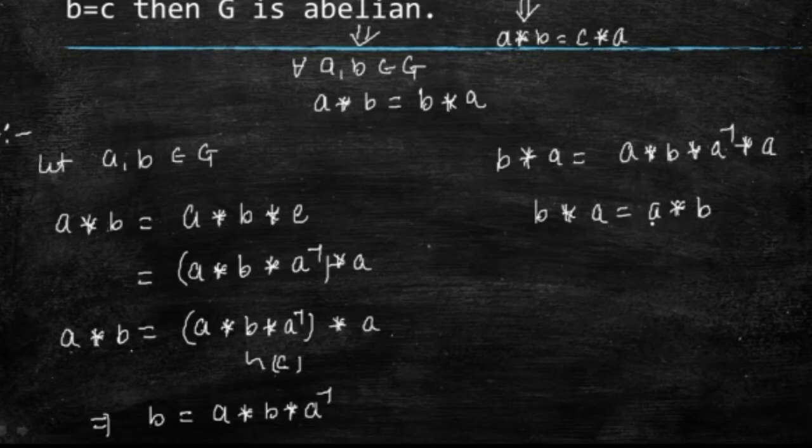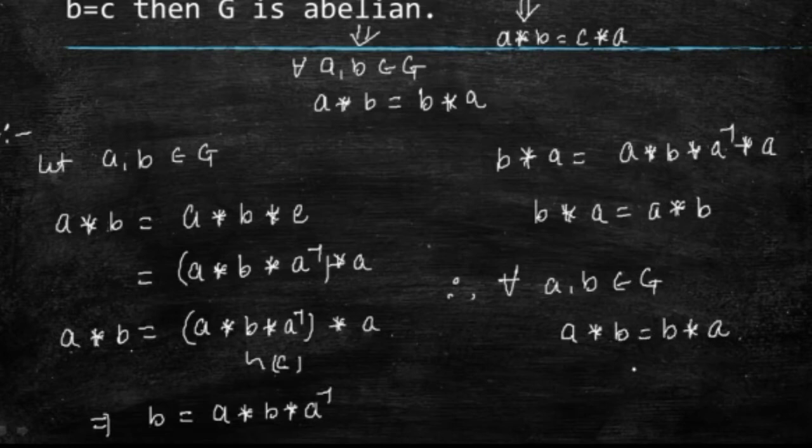So B star A equal to A star B. Now we chose A and B arbitrarily from the group G. Therefore I can say that for every A and B in G, I have A star B equal to B star A, and hence G is abelian.